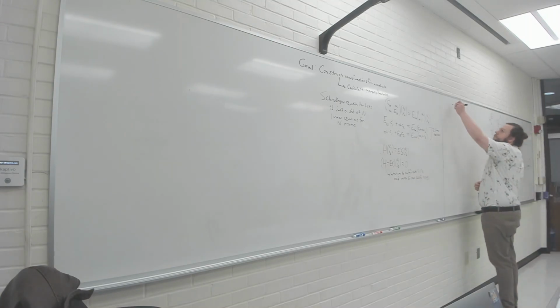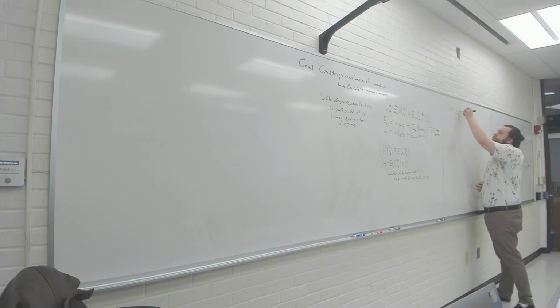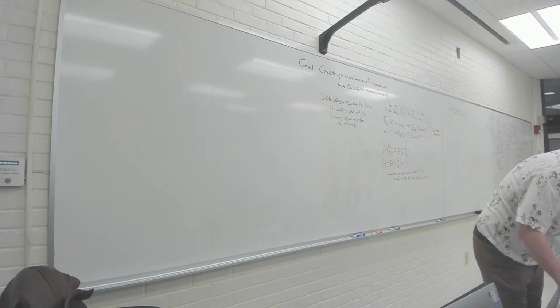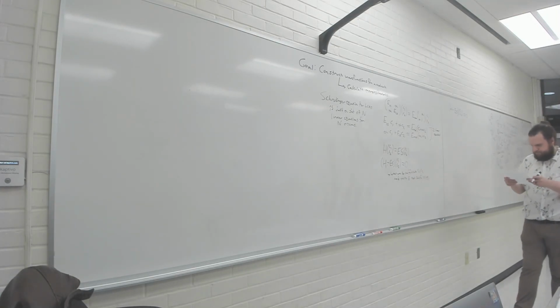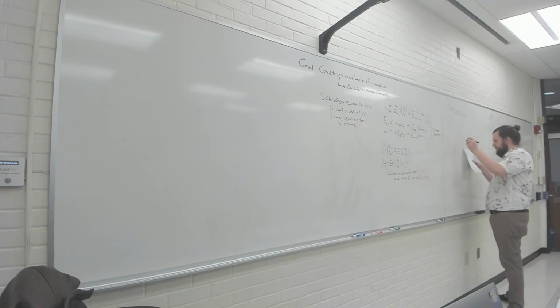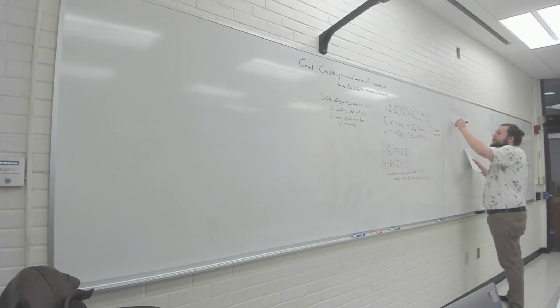So we have H minus ES times C1, C2 is equal to 0. So what that's going to look like is H11, H12, H21, oh, sorry, this is H21, I apologize.